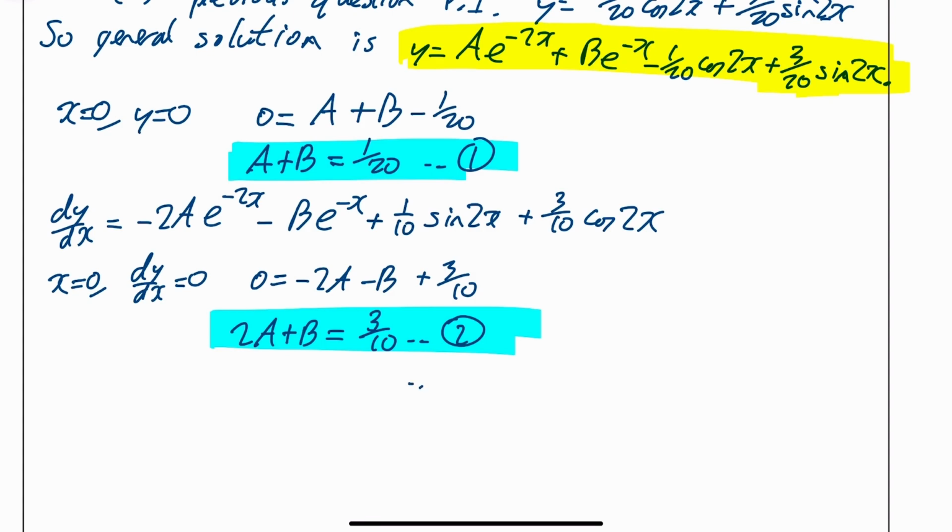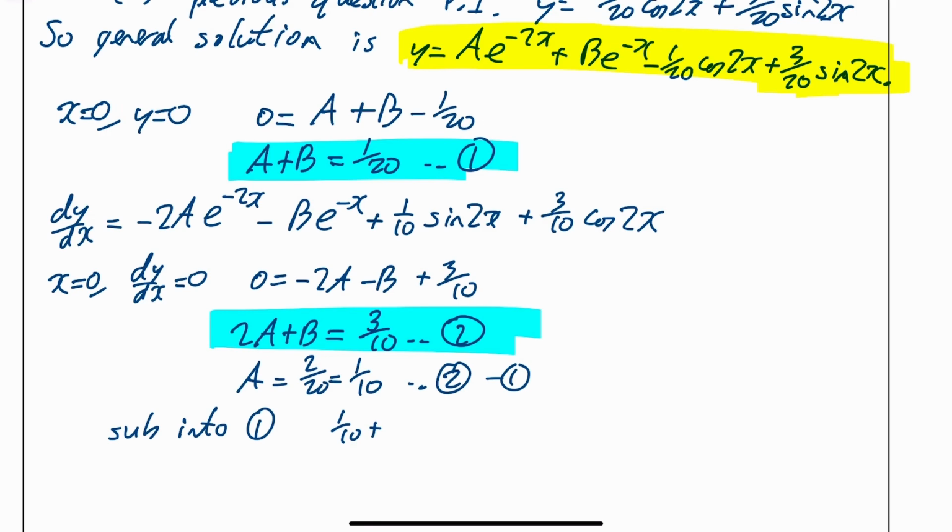So I'm just going to do equation 2 minus equation 1. And that's going to give you a is equal to 2/20, which is the same, of course, as 1/10. And then sub that into 1, and you're going to have 1/10 plus b is equal to 1 over 20, which means your b is equal to 1 over 20 minus 1/10.